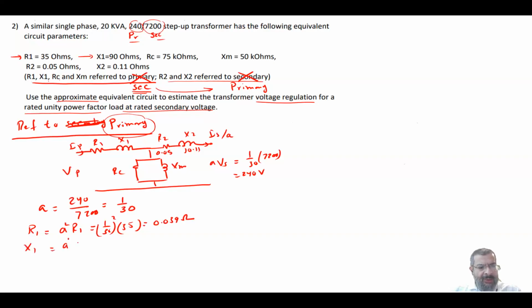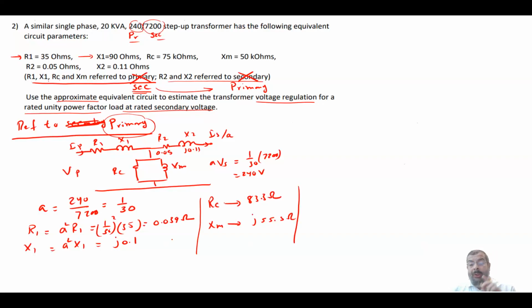X1, again a squared X1, gives me a value of j0.1. Then you will also have RC and XM. Again, I need to multiply them by a squared. So RC will be equal to 83.3 ohms, and XM will be j55.5 ohms.